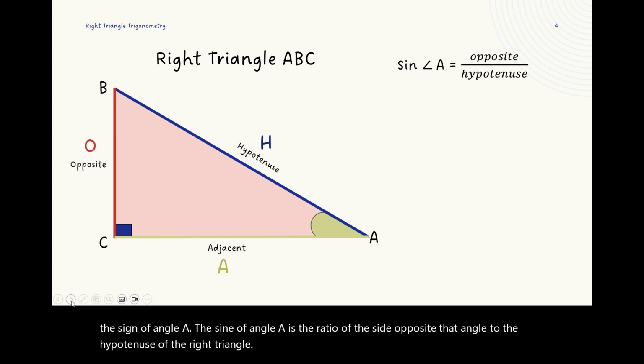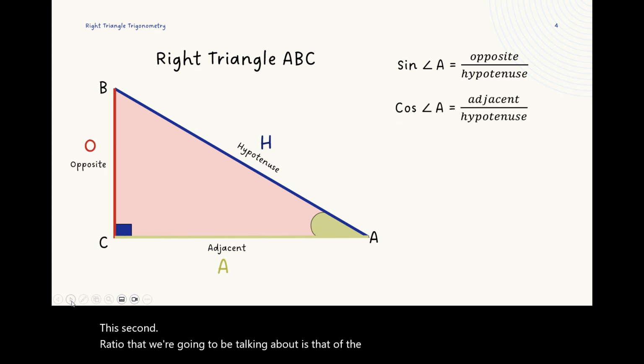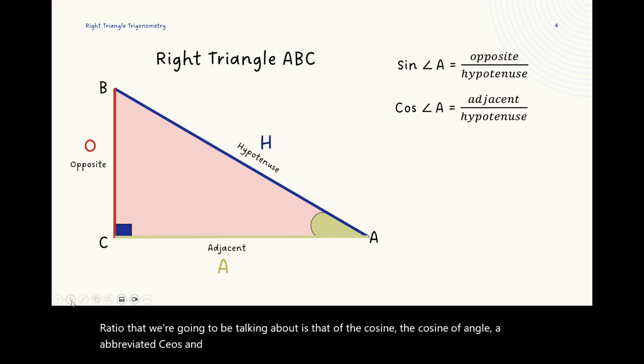The second ratio that we're going to be talking about is that of the cosine. The cosine of angle A, abbreviated COS and then angle A, is the ratio of the side adjacent to angle A when compared to the length of the hypotenuse for the triangle.